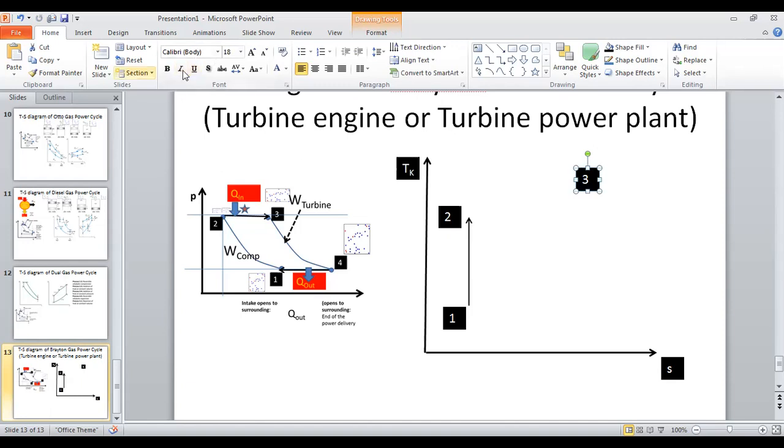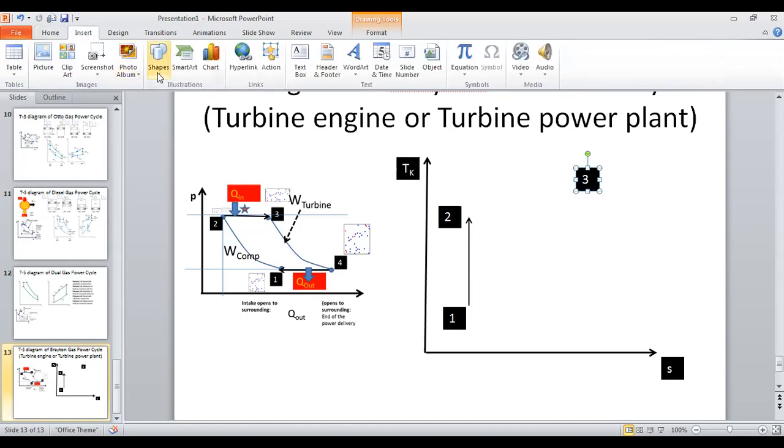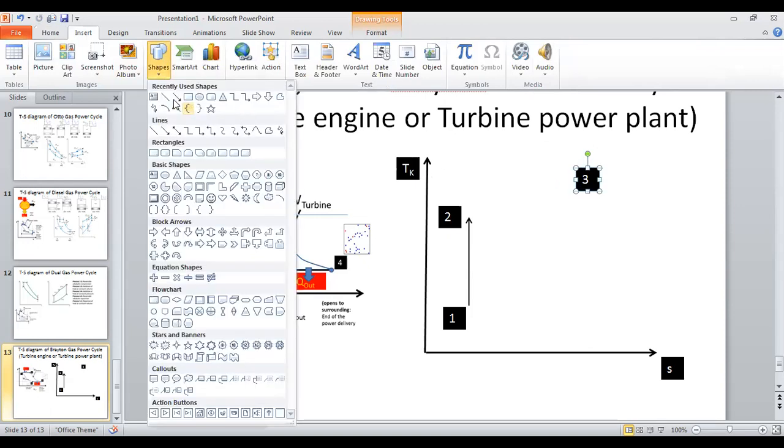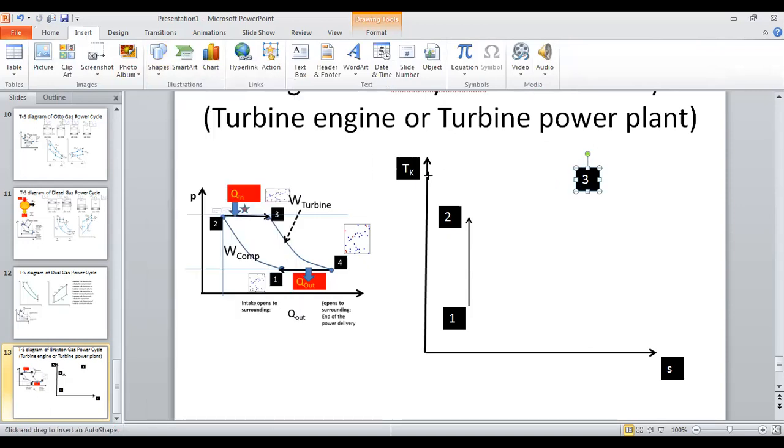If I draw the lines, T2 and T3, you can see at T3 the temperature is higher compared to T2.